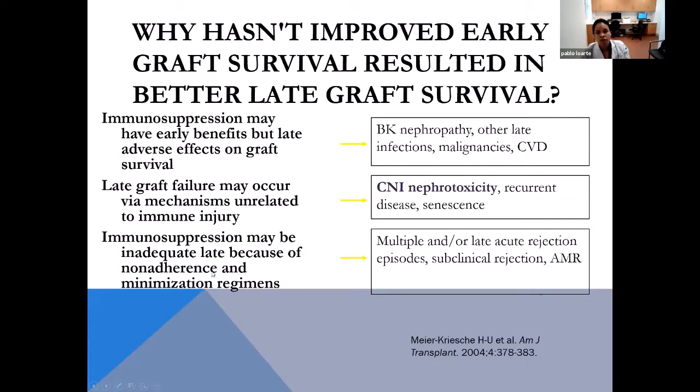Then over time, we decrease their immunosuppression because of risk versus benefit. And we also follow them very closely. During the first year, we follow these patients very closely, but then after a year, we extend the visits. We don't see them as often. So we may not be able to identify a rejection early, either because they were non-adherent, or maybe we ourselves minimize the regimen, and then they may develop a rejection later on that we may not be able to identify on time to treat it. So they may develop subclinical rejection, late acute rejection, and antibody-mediated rejection.